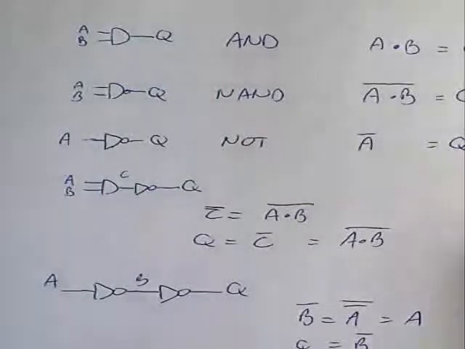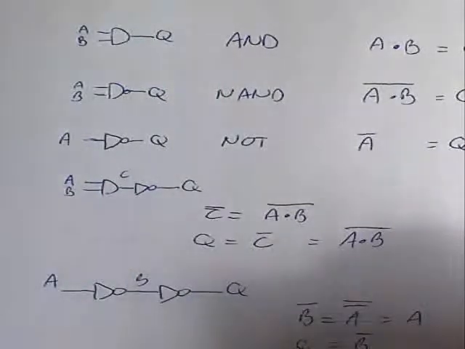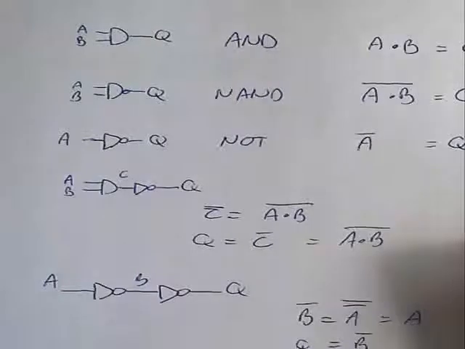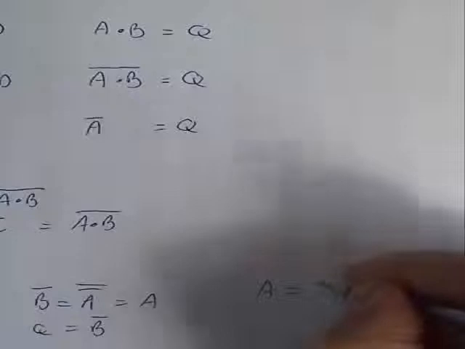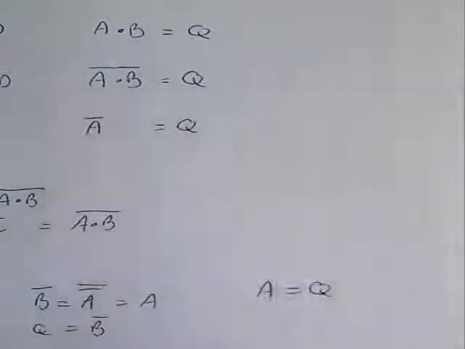So I end up with the same thing. The output is going to be A equals Q. We call this a buffer.